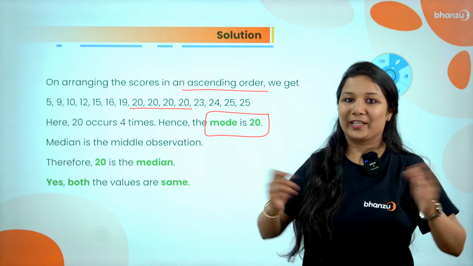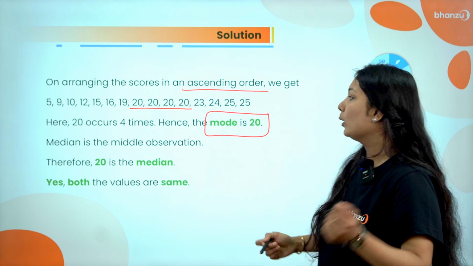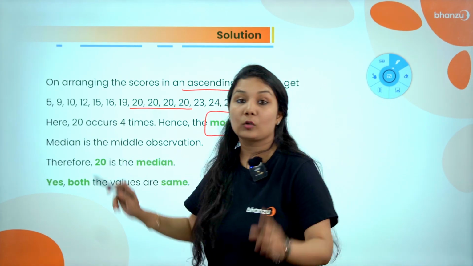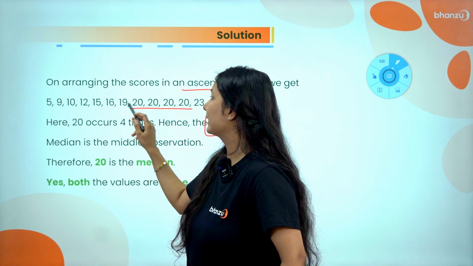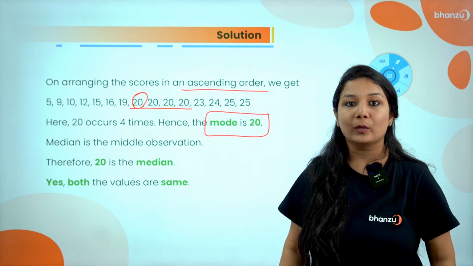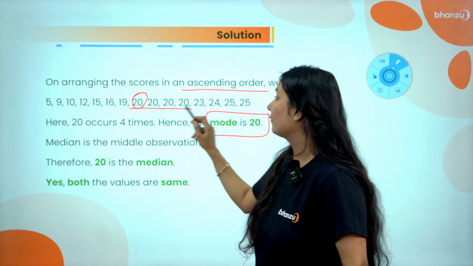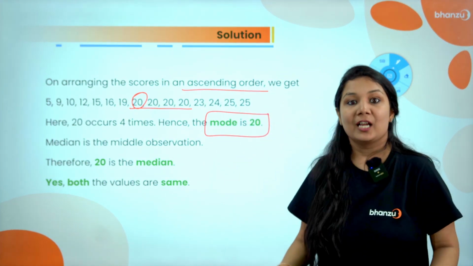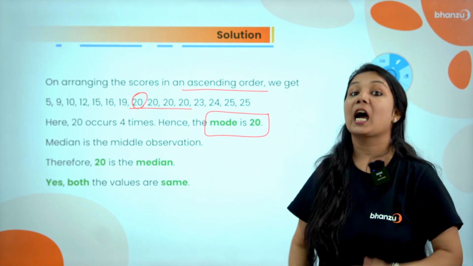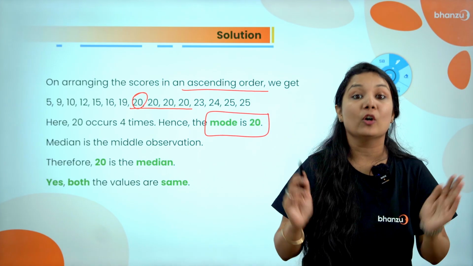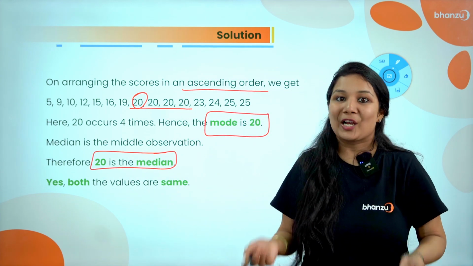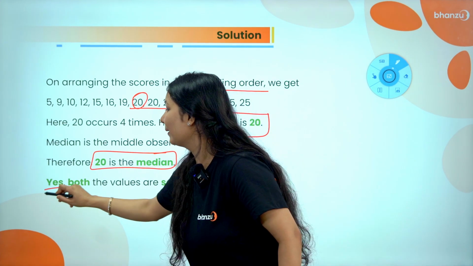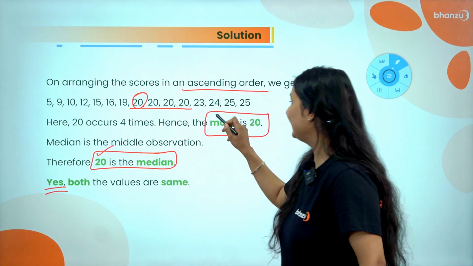Mode is what? The frequently occurring observation. What about median? Median is the middle observation. So out of 15, 7 we should count, 1, 2, 3, 4, 5, 6, 7. This is the 8th one. And on your right side also you should have 7 observations. Yes, we have. So the middle observation in this data after arranging it in ascending or descending order is again 20. So yes, we got the median and mode both the same, 20.